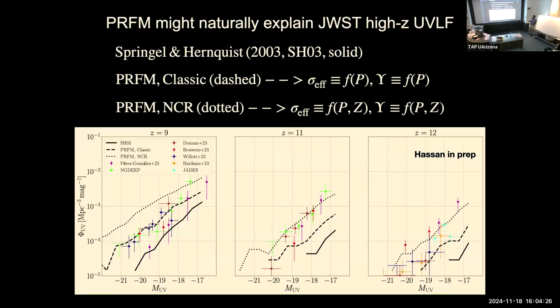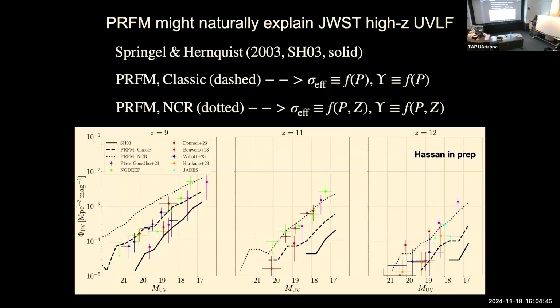So now we need to find out which one is the correct one, which is a work in progress. But as you see, the Springel and Hernquist model, the solid line, that uses the star formation related to the density, is very low as compared to all the measurements from redshift of 9 to redshift of 12.